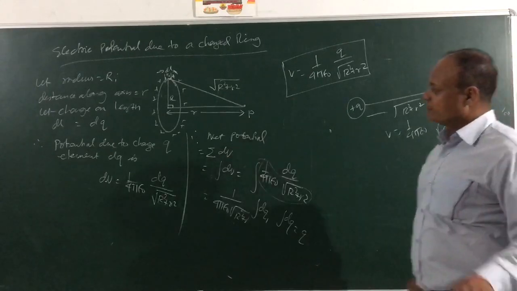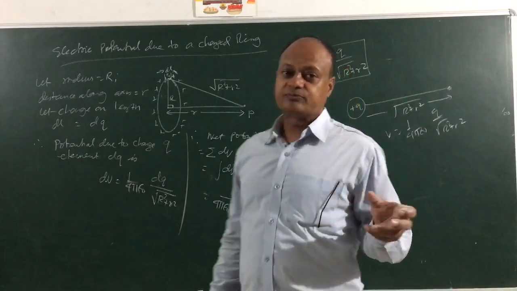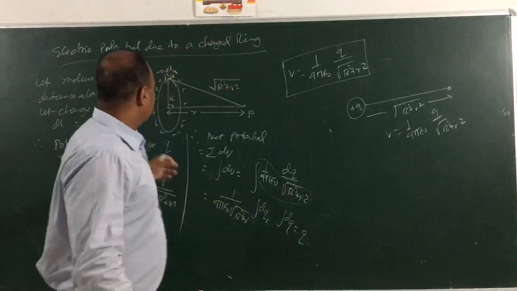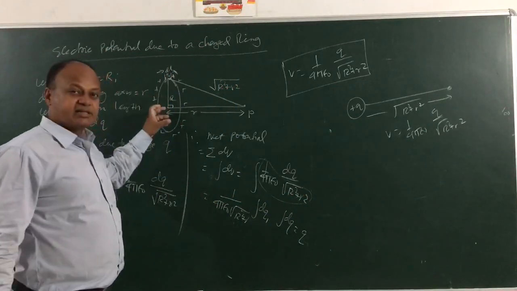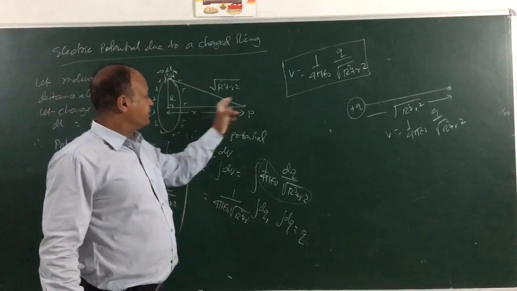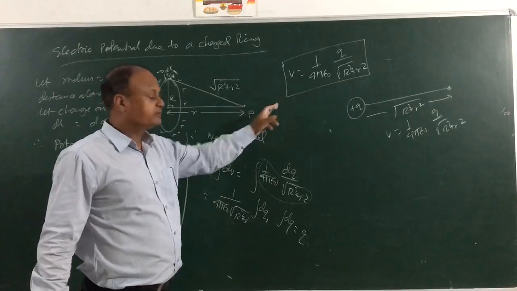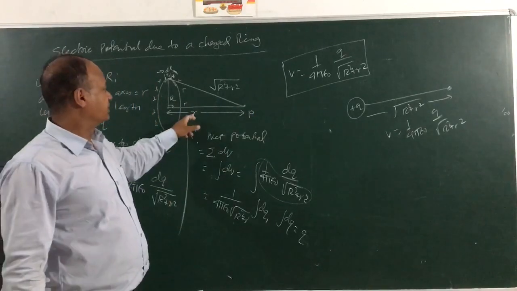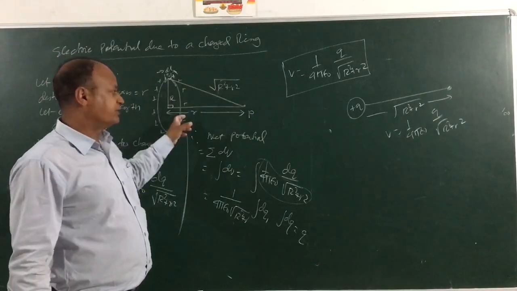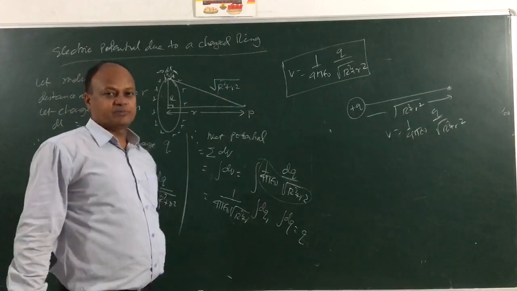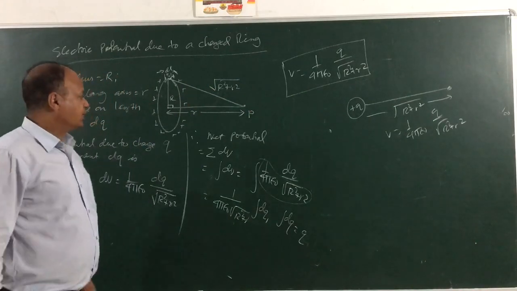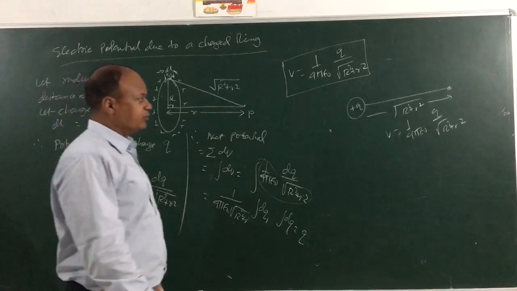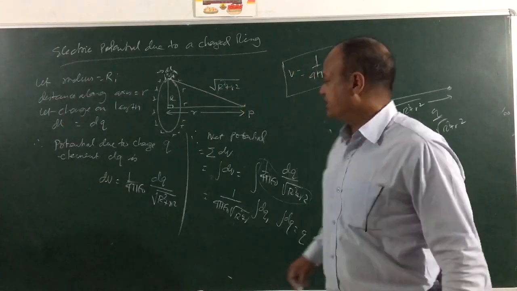So you can see that this ring will behave as if the entire charge is placed at the center and the distance to the point P has been shifted away. And how much is that? This distance is root over capital R square plus small r square. Now there is one special case here that you have to know. Special case.